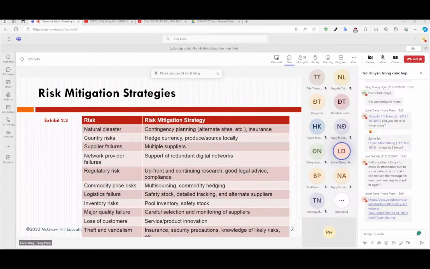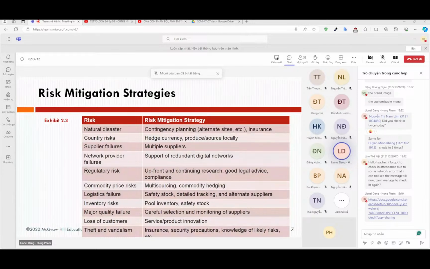Pool inventory, meaning that you share the same pool of inventory for different sites. So for example, you distribute to Dong Nai, to Biên Hòa, to Ho Chi Minh City, right? And to Bình Dương, for example.